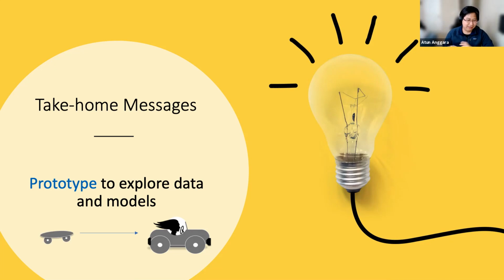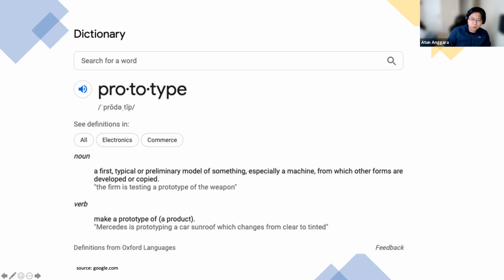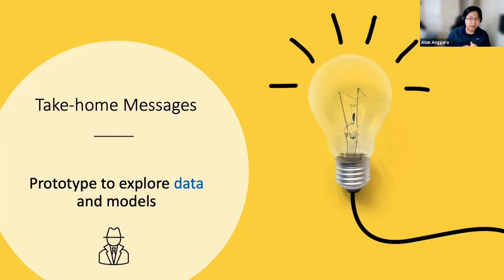So in Google, we can see that the definition of a prototype from Oxford Languages is that it's a first, typical or preliminary model of something, especially a machine, or in this case, software, from which other forms are developed or copied. So we talk about prototype.